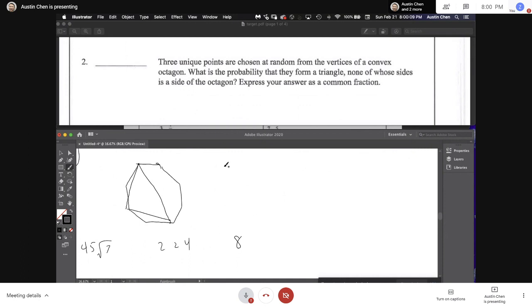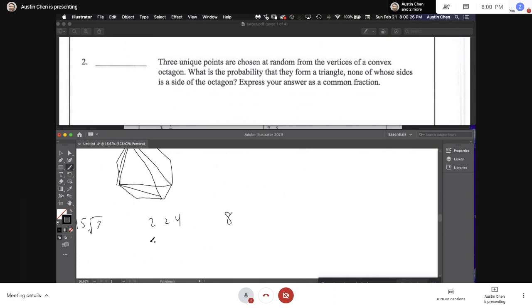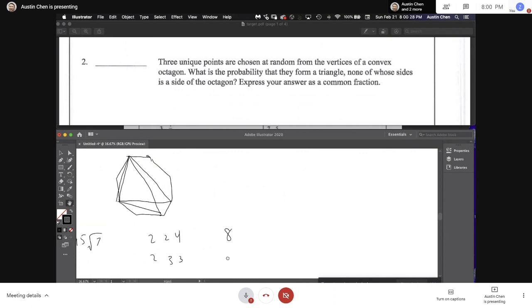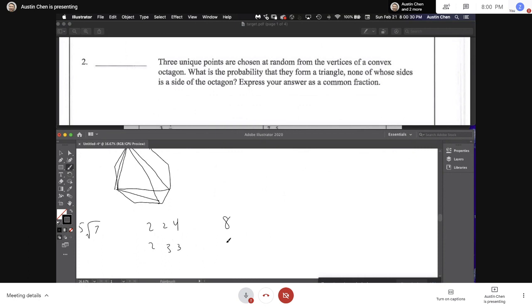Now, are there any other types of triangles I can have? Yes. I can't draw an octagon though. Here, I'll just use the same thing. Another type we can have is this. This is a 2, 3, 3 triangle. And I can also rotate this 8 times.